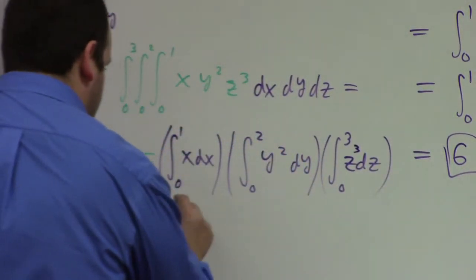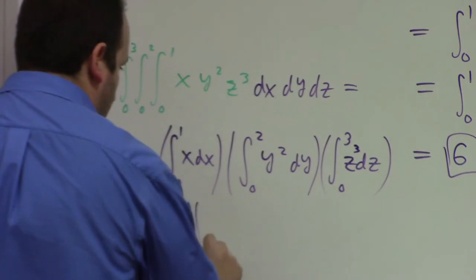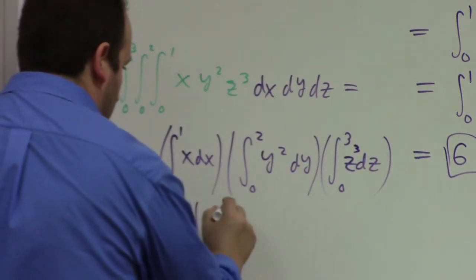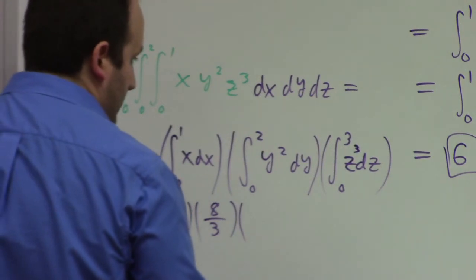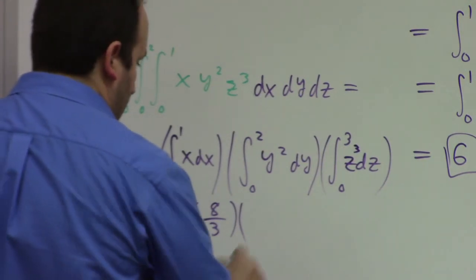So the answer is 1/2 times 8/3 times 81/4.